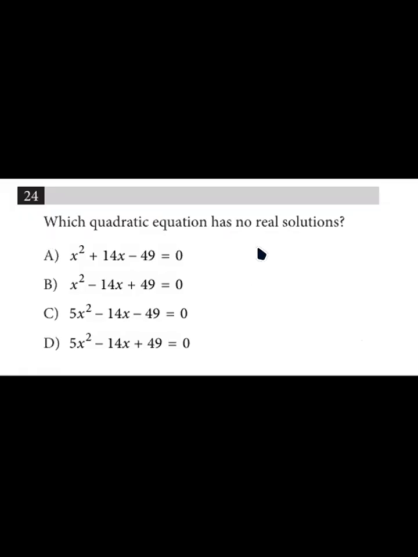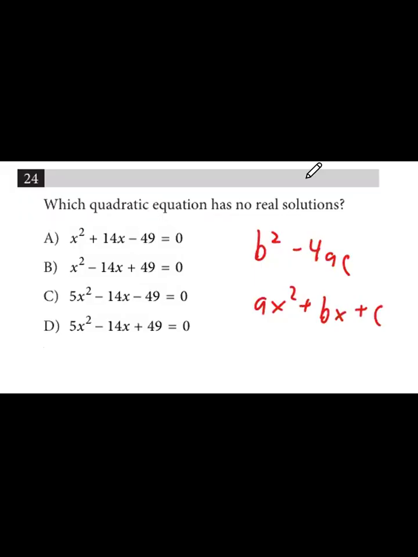Well, this can be found out using the formula b squared minus 4ac. So as you know, for a quadratic function, it's just ax squared plus bx plus c. So in this case, we just have to plug that into the formula for all of these.